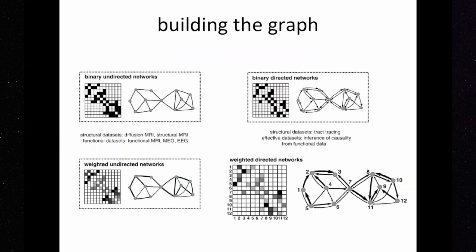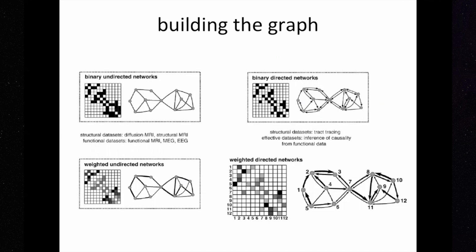So in the end, if we would have done this, we would have different kinds of graphs. We could have binary undirected graphs. We could have binary directed graphs. So here the lower and the upper triangular of the matrix would code the information flow, the direction of information flow. Then we would have weighted undirected networks. This is what I use most of the time and what you will probably also use when using functional data.